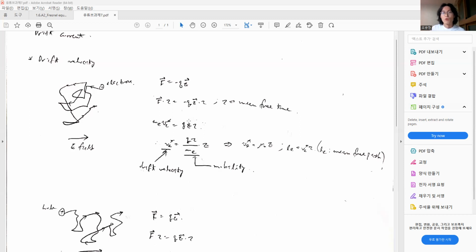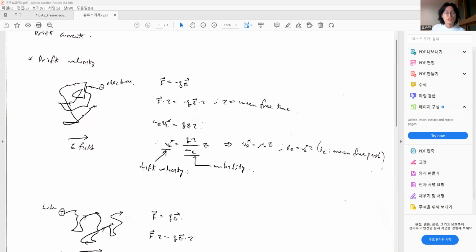Thus, we can organize this formula by the relation of v with the electric field E. Thus, v_e can be expressed as charge q multiplied by time tau over m_e, the mass of the electron, multiplied by E. So the coefficient of the electric field is called mobility.